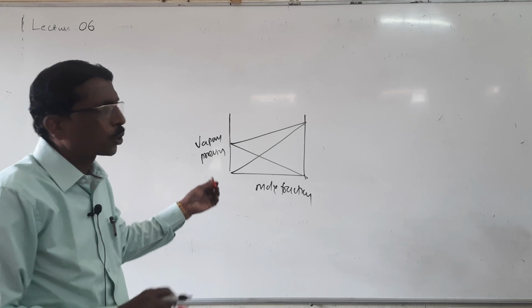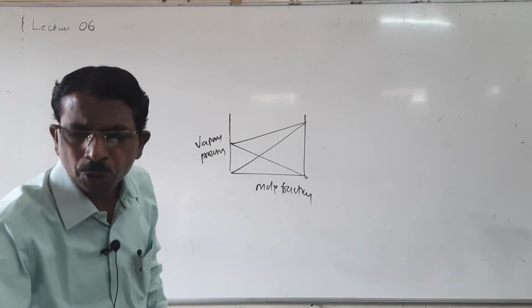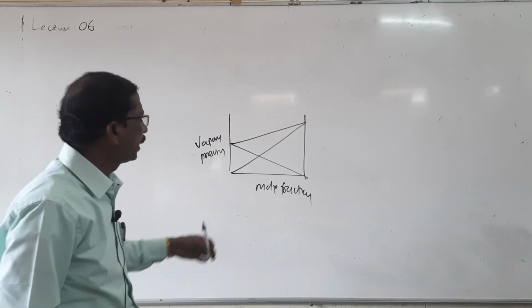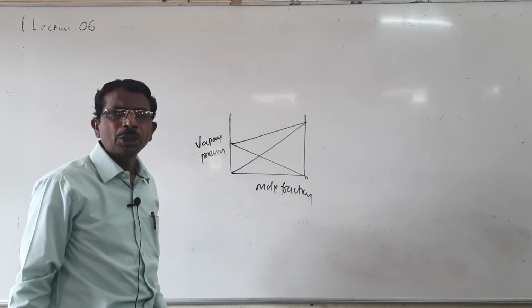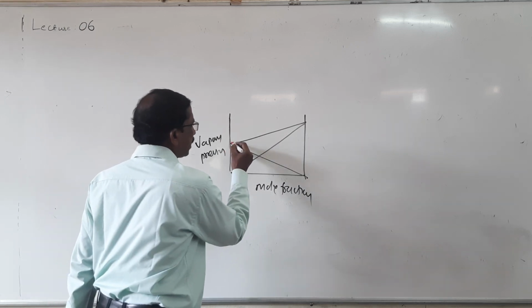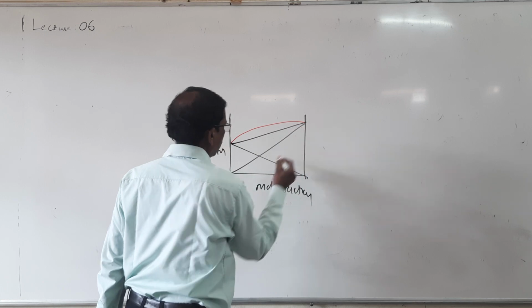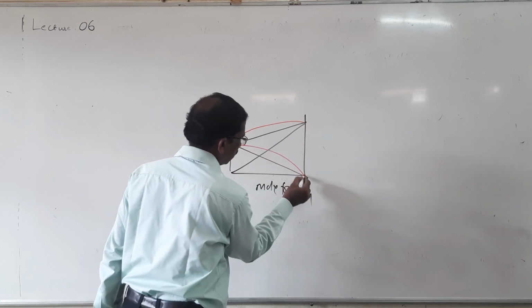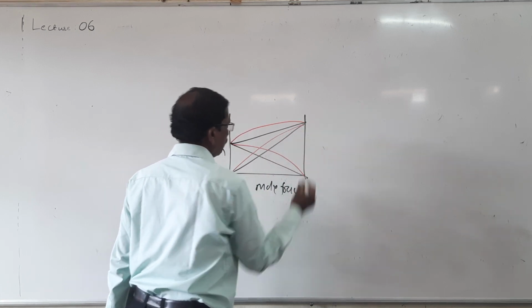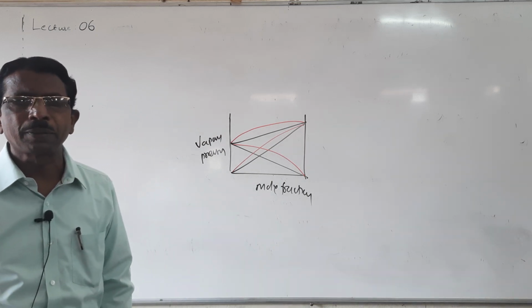And here the first one, non-ideal solution showing positive deviation. Look here, there is a slight change. It is called positive deviation.